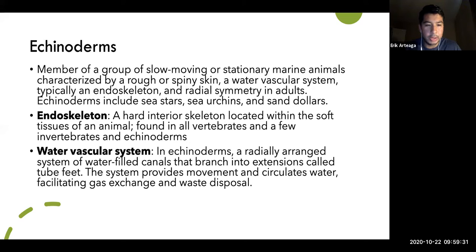Endoskeleton: a hard interior skeleton located within the soft tissues of an animal, found in all vertebrates and a few invertebrates and echinoderms. Water vascular system: in echinoderms, a radially arranged system of water-filled canals that branch into extensions called tube feet. This system provides movement and circulates water, facilitating gas exchange and waste disposal. Right.